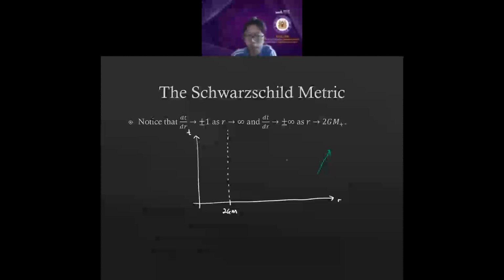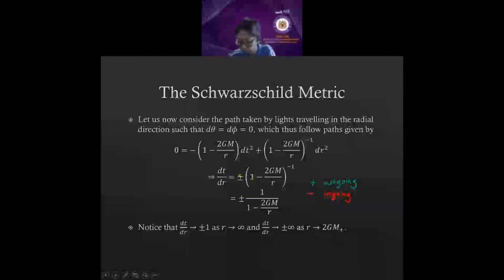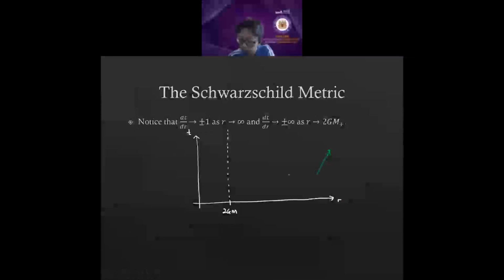Then as we go closer and closer towards r equals 2GM, notice that the gradient is going to approach plus infinity, which means that we are going to have an even steeper path.